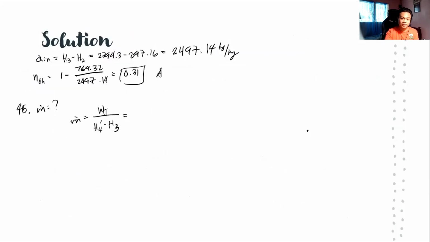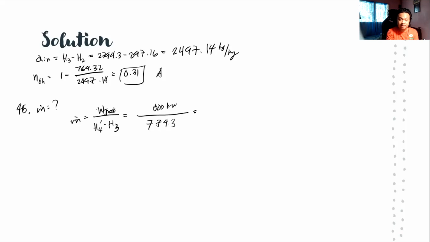So net, this is net. Let's put 500 kilowatts here and then get the difference. So H4 minus H3, this is 774.3.